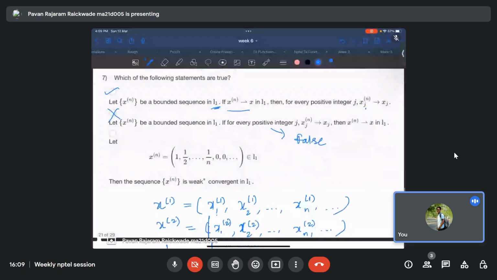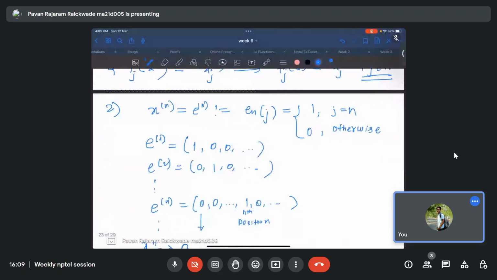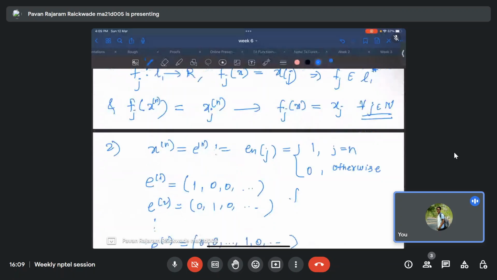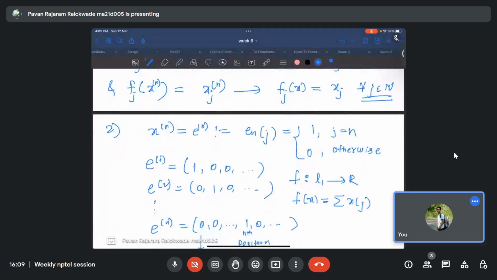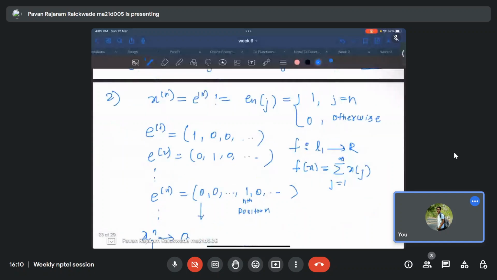If I define a function f from L1 to R as f of x equals the summation of xj, this is in L1 star. But f of En is 1 for all n belonging to the natural numbers, so it converges to 1.